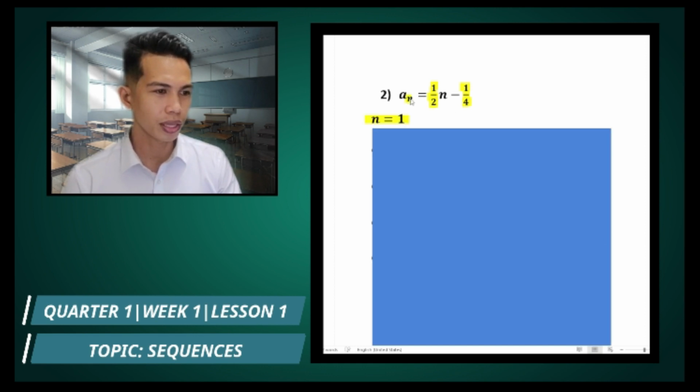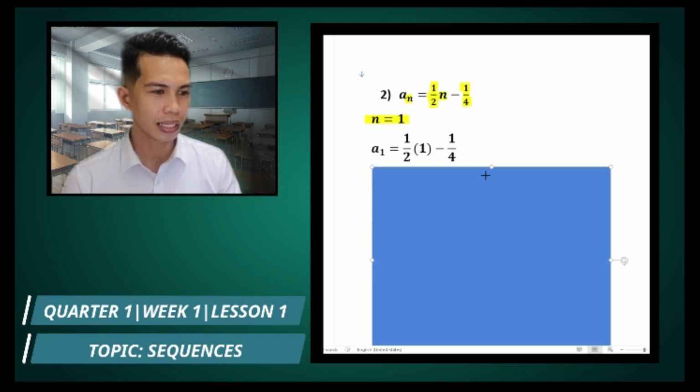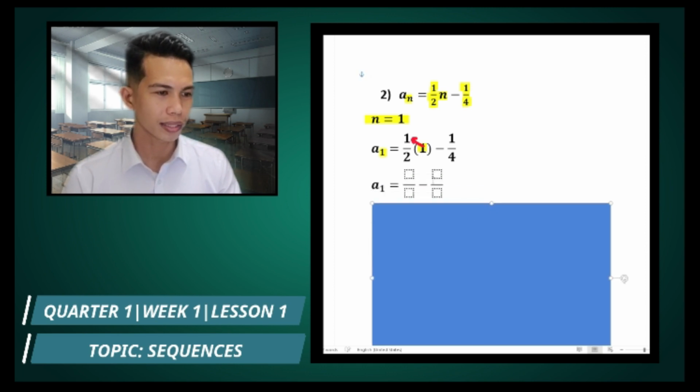By substituting all the values of n by 1, we will have a sub 1 equal to 1 over 2 times 1 minus 1 over 4. Then, we are going to multiply this whole number 1 to the numerator. That is equal to 1. And then, we are going to copy the rest.